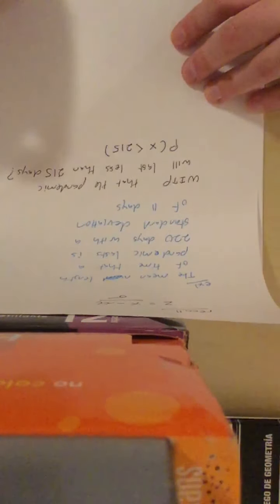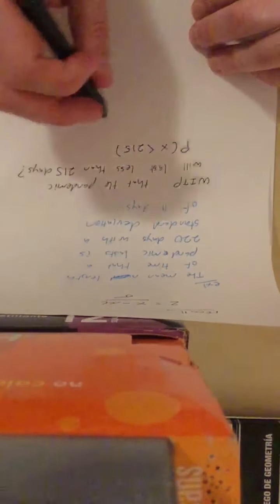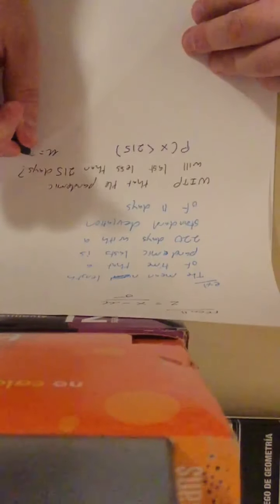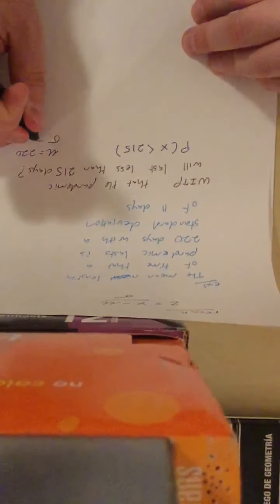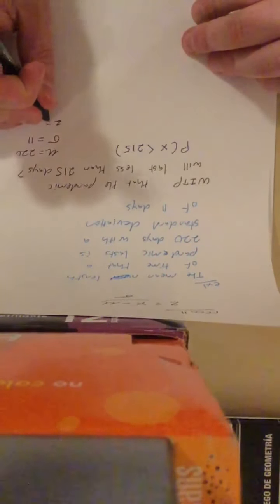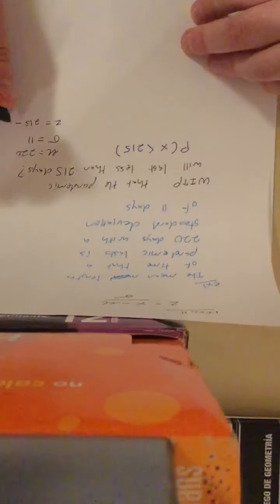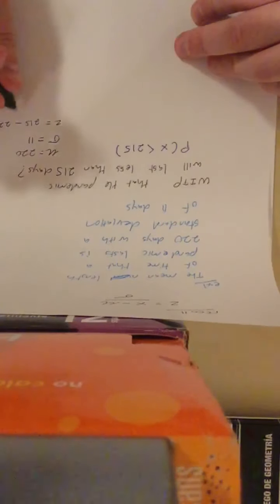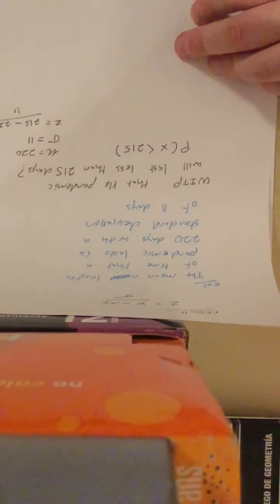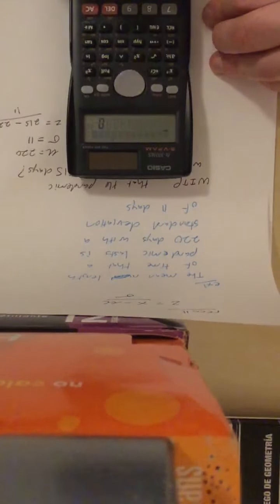So, we can't look that up on the z-score chart. We've got to turn that into a z-score. And so we know that the mu is 220. The standard deviation is 11. So the z-score is going to be the x value minus the mu value divided by 11, which is going to be 215 minus 220.